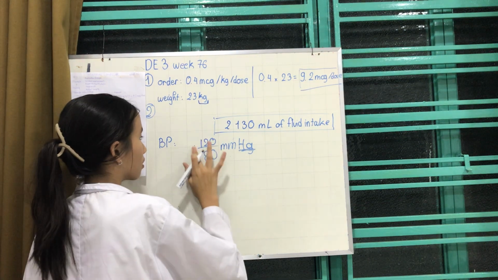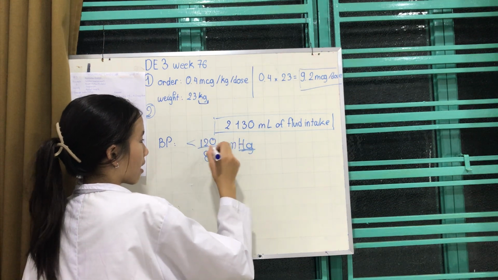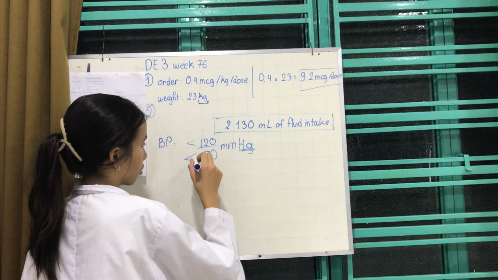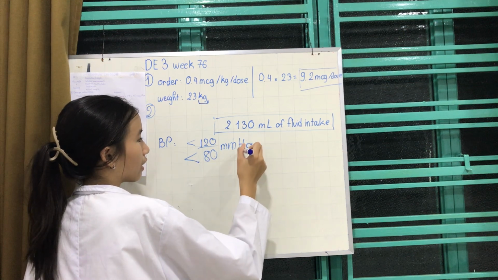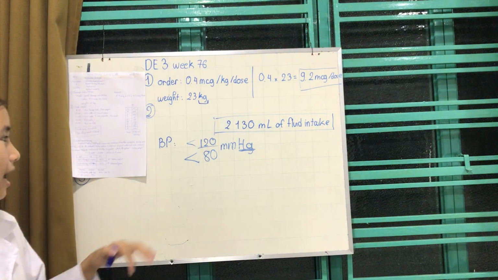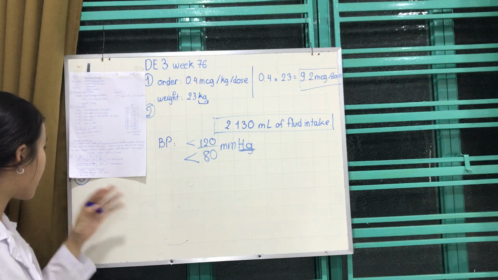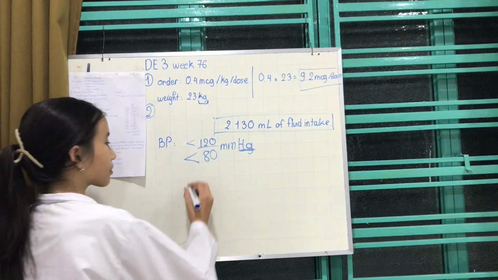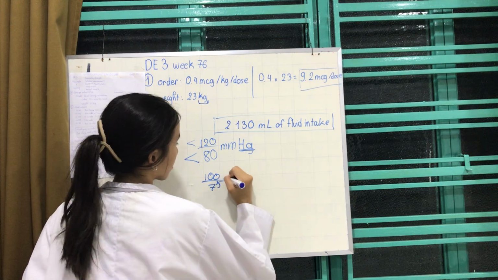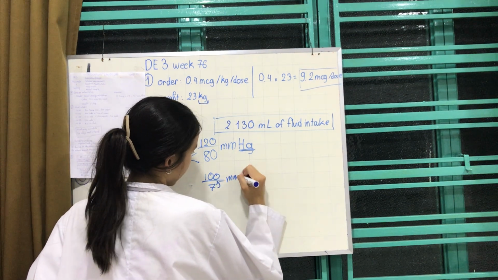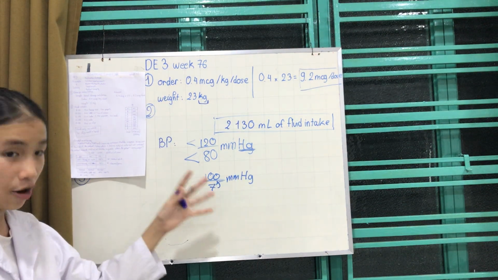Well, this needs to be less than 120 and also less than 80 millimeters of mercury. So that is the normal amount of the blood pressure in a person. So let's take, for example, 100 over 75 millimeters of mercury. So that is a normal person with normal heartbeat.